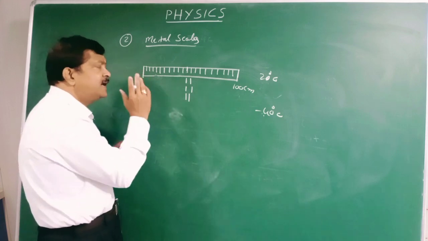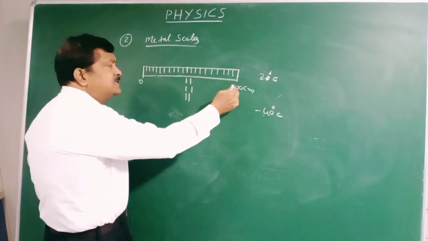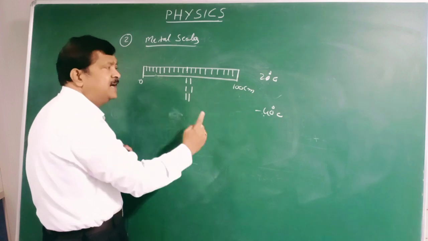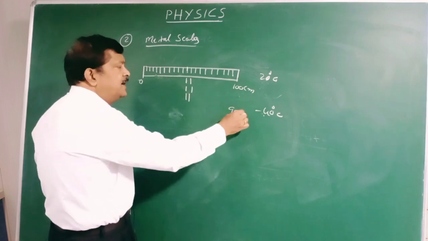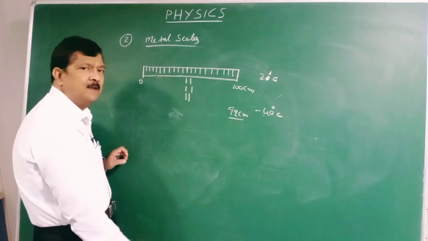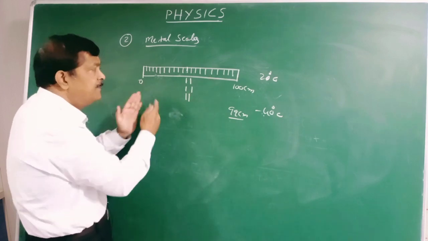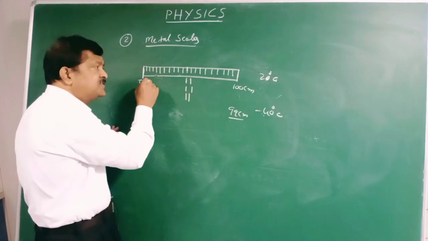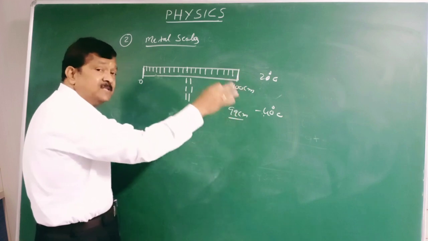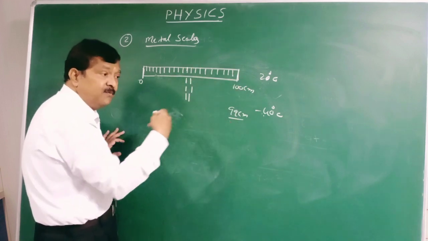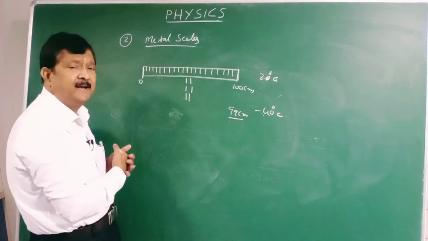Therefore, as a result of contraction, when it is contracting as a whole by 1 centimeter, the total length now is only 99 centimeter. But as the lines are coming down, this end always reads 0, this end always reads 100. But practically we know its length is only 99 centimeter.